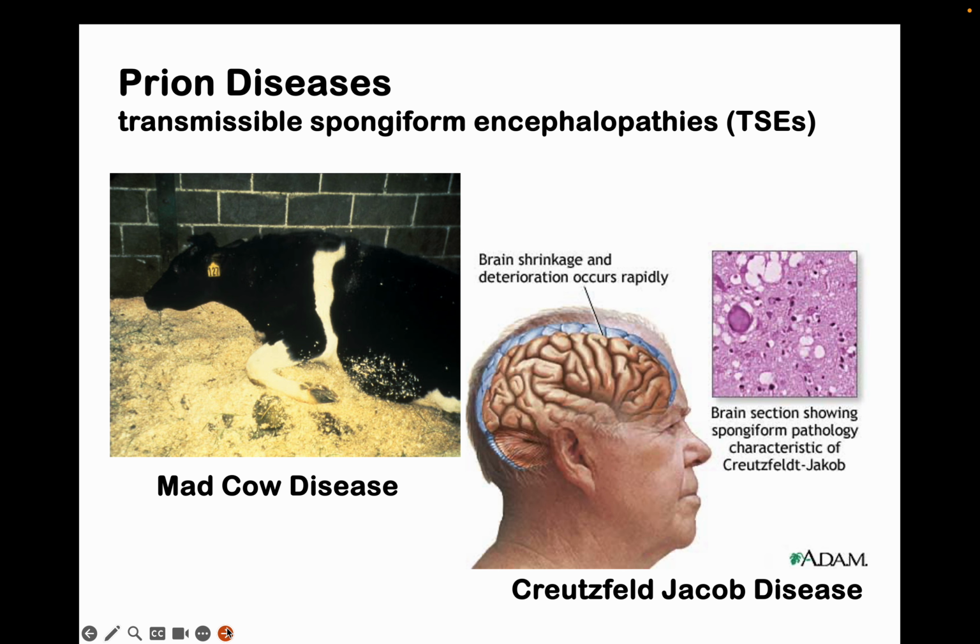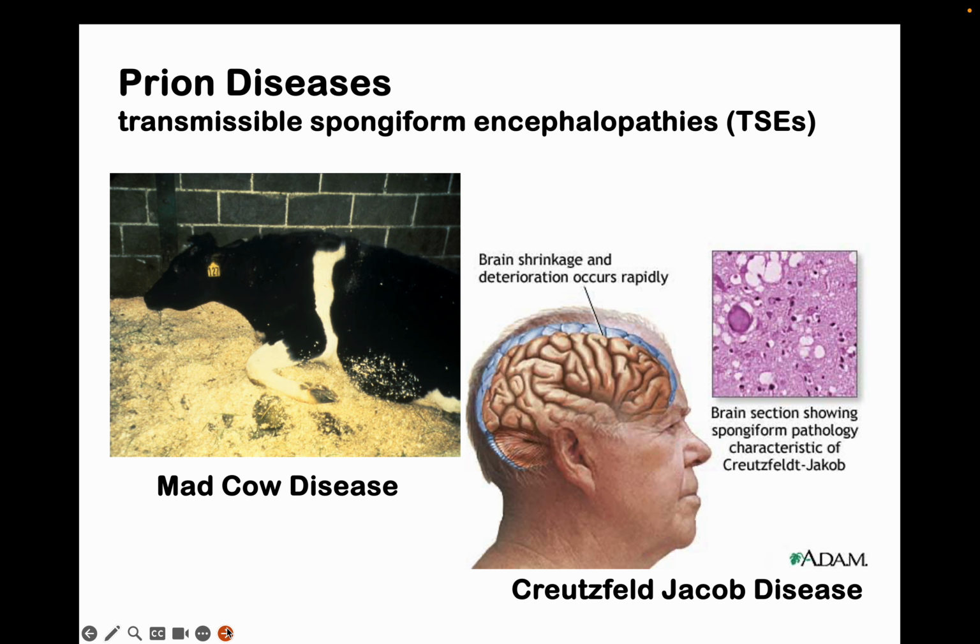Prions are misfolded proteins, and when they interact with the normal variants of these proteins, they can also induce misfolding.